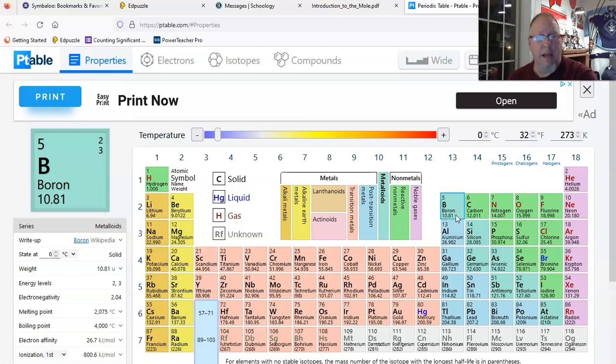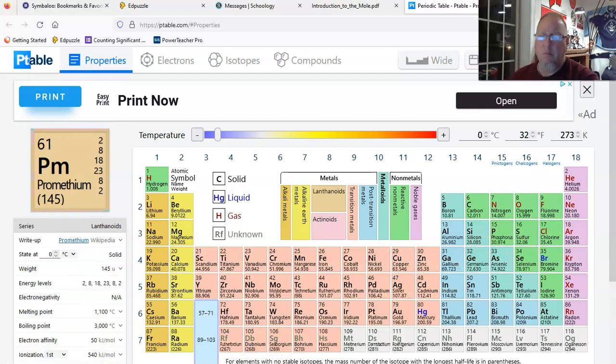However, when you wrote that down, it was important that you wrote a unit on the number. And 10.81 would have been atomic mass units. If you were to write down the mass of fluorine, it was 18.998, and the mass was atomic mass units. And so on and so forth for every number on the periodic table.